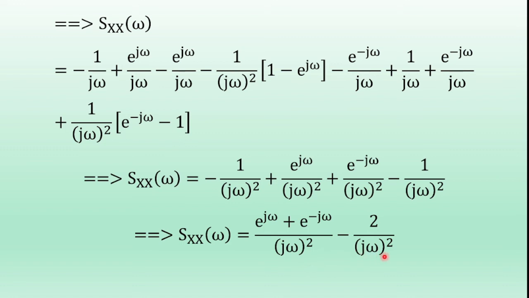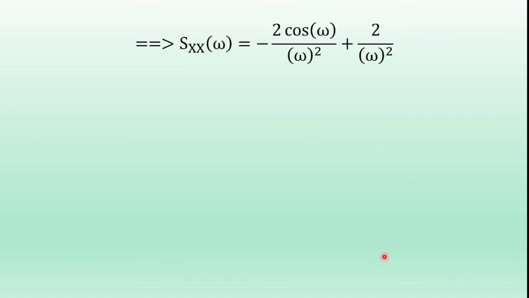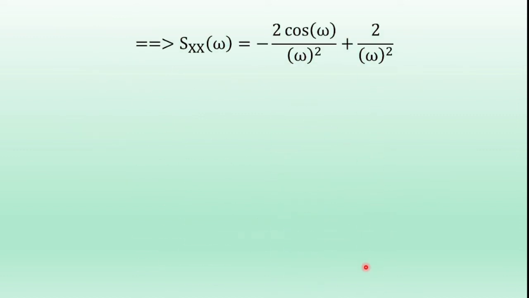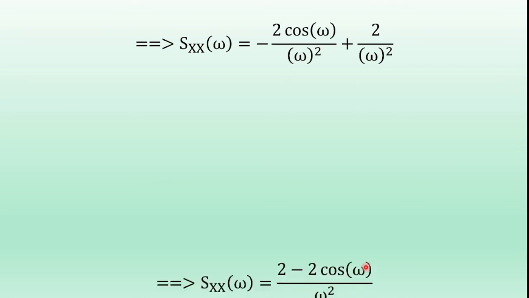Now take the LCM. j omega whole square: j square value is minus 1. Now before the minus there is minus into minus plus, therefore the RHS term is e power j omega plus e power minus j omega, which is 2 cos omega, minus 2 cos omega by omega square plus 2 by omega square.